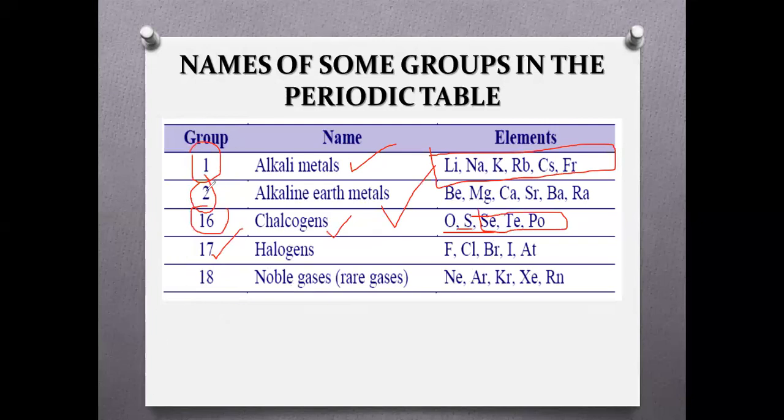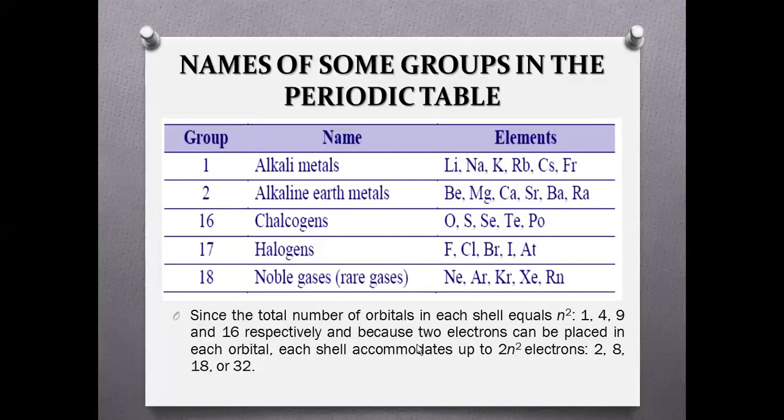Because 2 electrons can be placed in each orbital, each shell accommodates up to 2n2 electrons. That means 2, 8, 18 and 32. What are they telling us? We already studied the maximum number of orbitals. If n is the principal quantum number, your number of shells, then n squared: if the shell number is 1, n squared is 1.